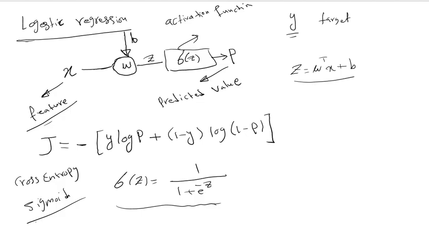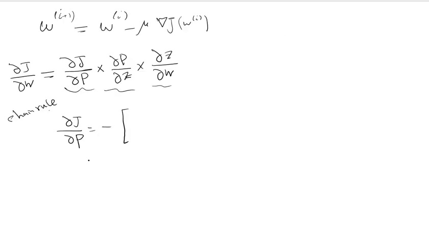And let's substitute. We have minus, y over p minus 1 minus y over 1 minus p.